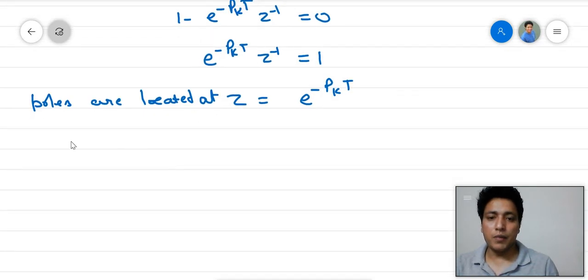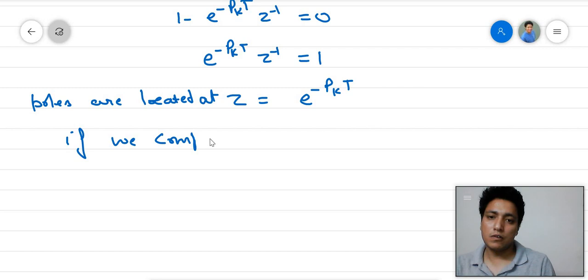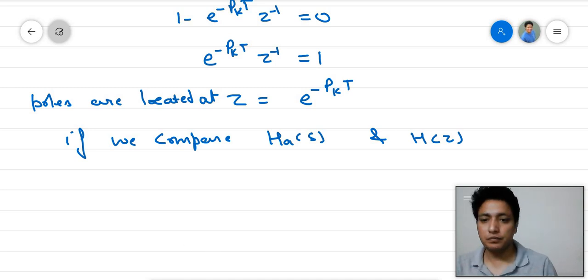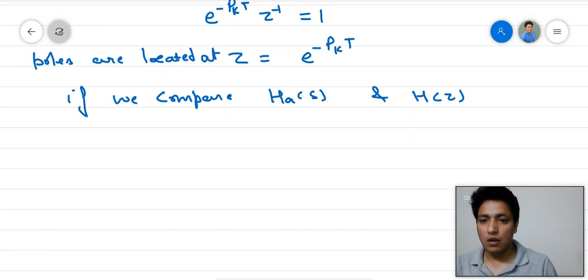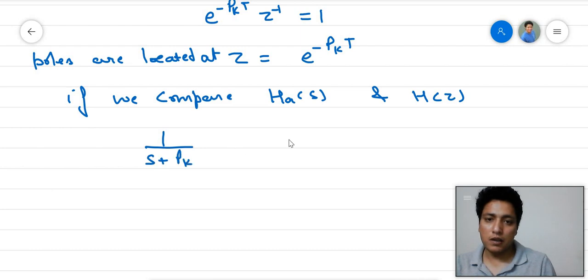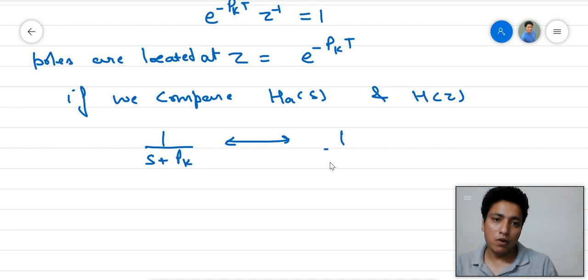Now if we compare H_a(s) and H(z), we get 1 by s plus p_k compared to 1 over 1 minus exponential minus p_k T z inverse.